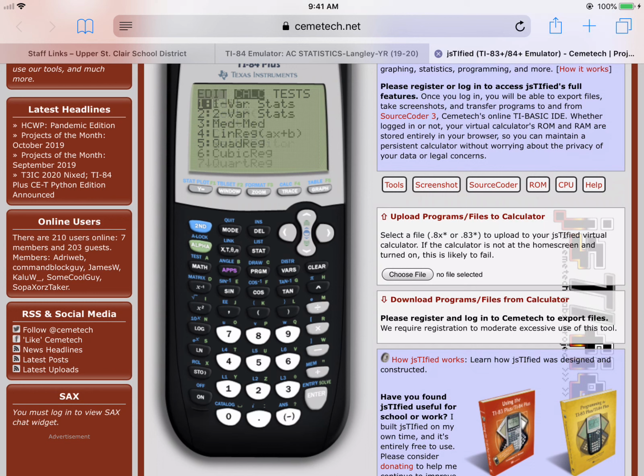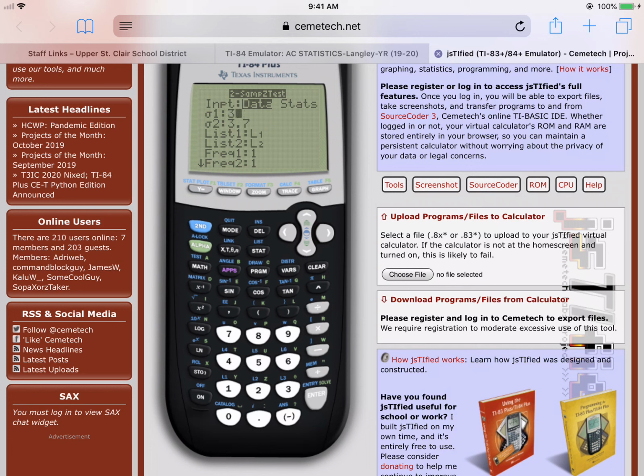So we'll go over to stat and tests. And again, this is a difference of two means, so number 3, a two-sample z-test. For this, we're going to go to the data tab and have it pull from the lists. It still wants us to have the opportunity to enter a population standard deviation if we have that.